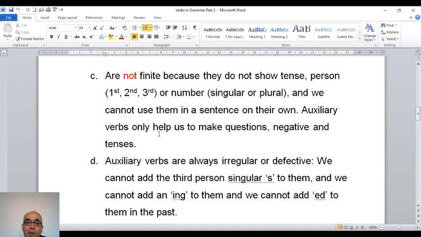Auxiliary verbs help us to make questions, negative, and tenses. So they are important, because they help us to make questions, negative, and tenses.